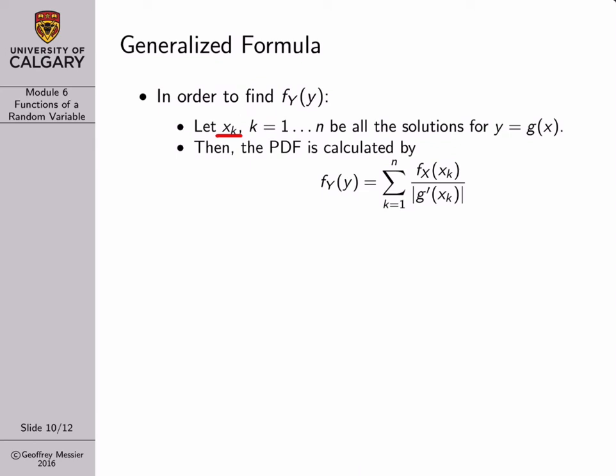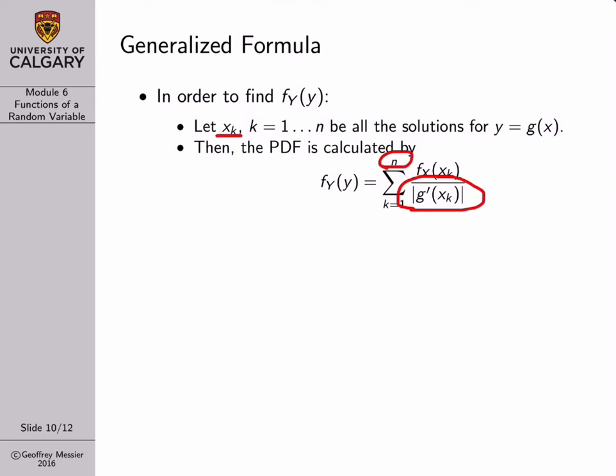Then the PDF is just calculated by the summation over all possible solutions to our function g, of f of x with the argument xk, divided by the absolute value of the derivative of our system function with xk as an argument as well, where n is the number of solutions for our system equation.